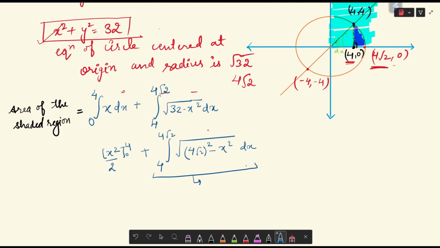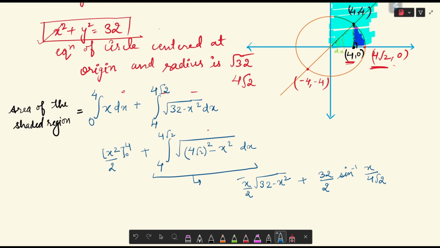So what will be the integration of this? It's x upon 2 under root a square, 32 minus x square, plus a square, that is 32 upon 2, sine inverse x upon a, 4 root 2.